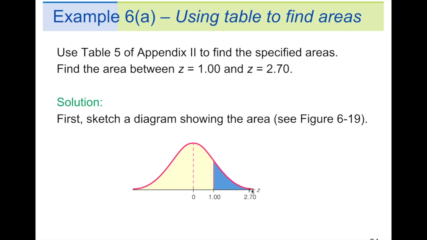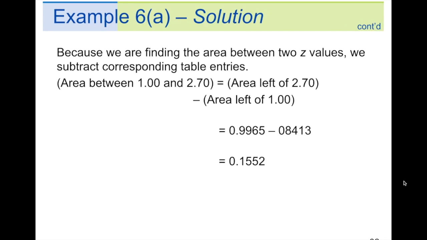That would still be in the same tannish color. Because we are finding the area between two z values, we subtract corresponding table entries. So like I said before, z2 minus z1. So the area to the left of 2.7 minus the area to the left of 1.00. So we get those two values, subtract them, and we get 0.1552.